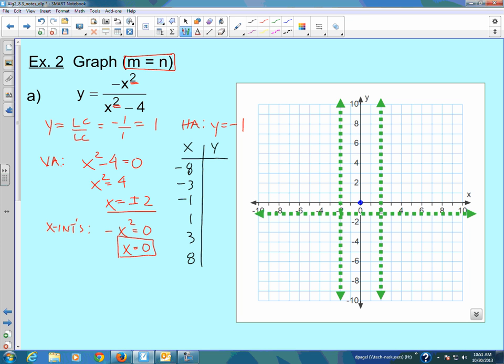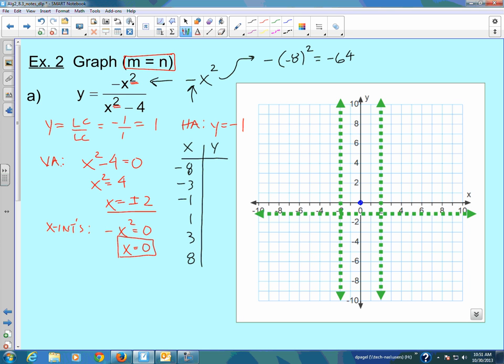All right, -8 in there. In the top, up here, I have a negative of an x squared. So when I put my -8 in there and square it, I get -64. This negative is not a part of the base. It's not being squared, so be careful with those types of problems.